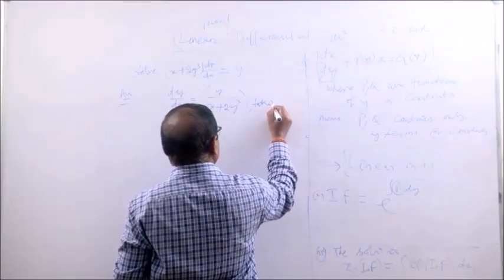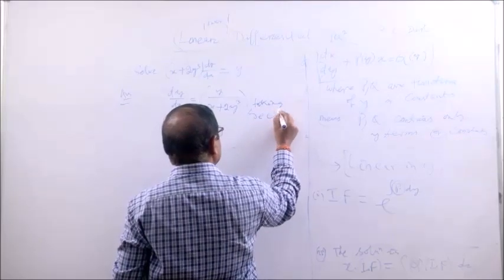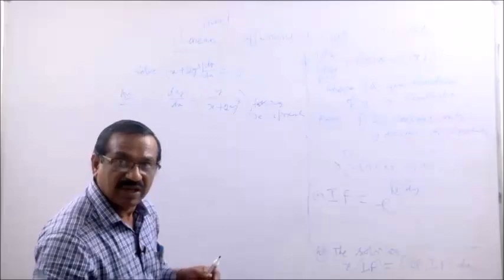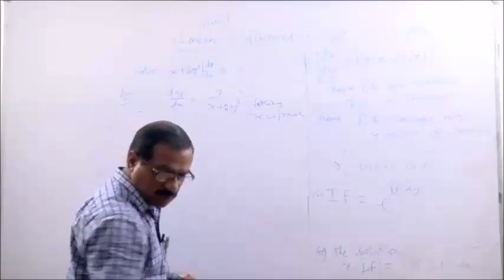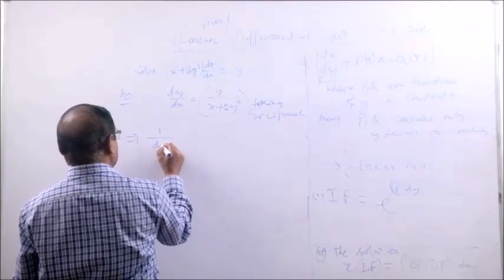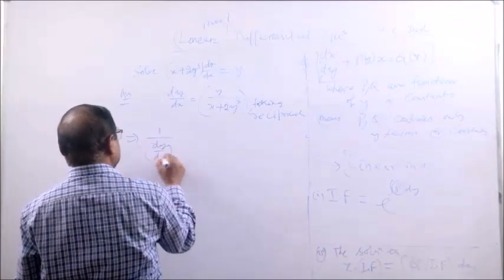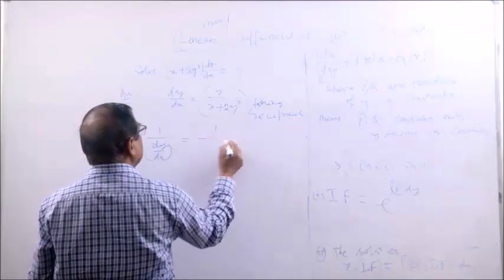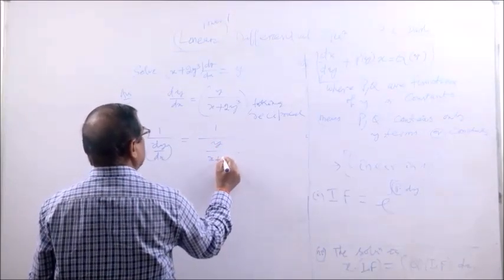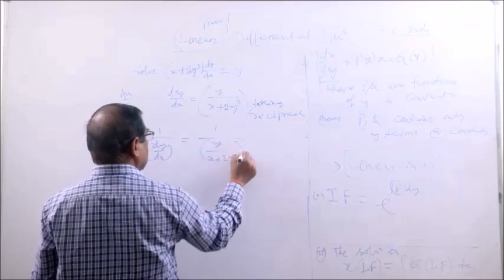Taking reciprocal means you take 1 by of both sides. Take 1 by of both sides. You see, so what happens? That implies 1 by dy by dx is equal to 1 by (y by x plus 2y cube). Let us see what happens.